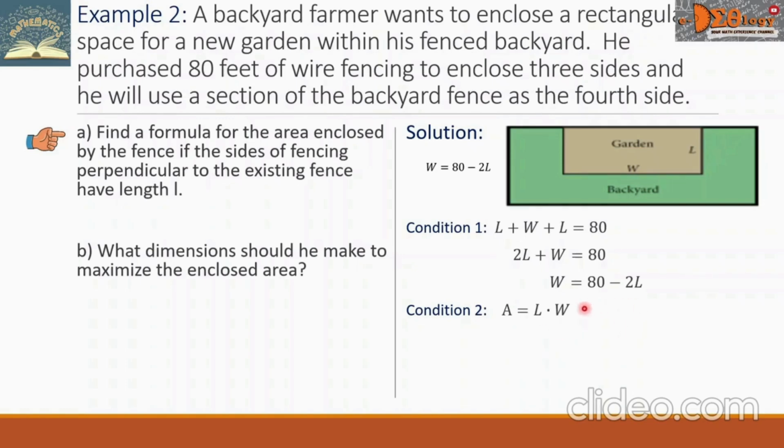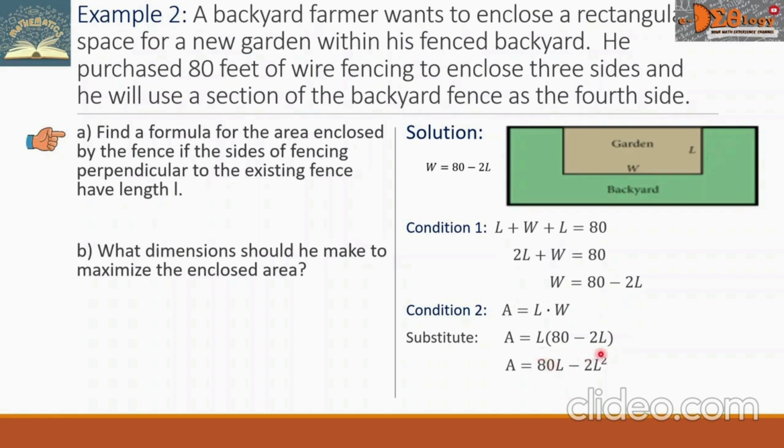From here, we're going to substitute the value of W in terms of L to this area formula. So when we do that, A equals this L times W, which now becomes 80 minus 2L. Then we multiply this L to the binomial. So L times 80 is 80L.